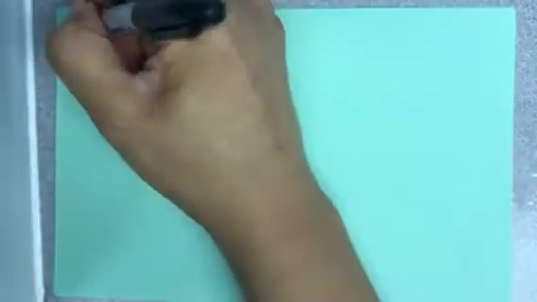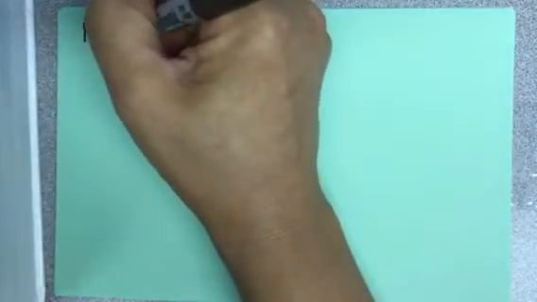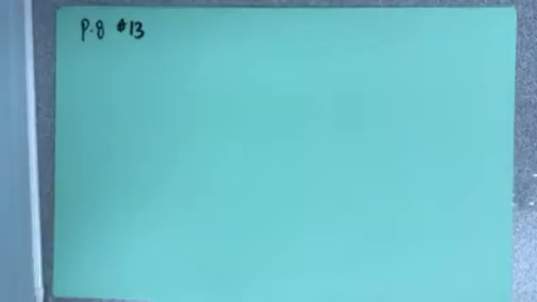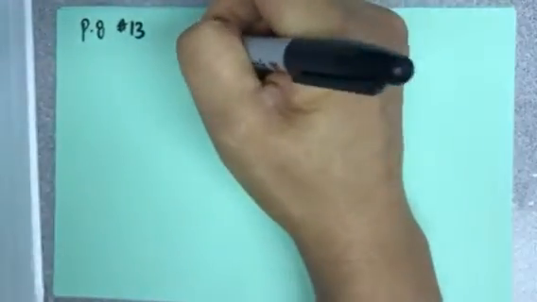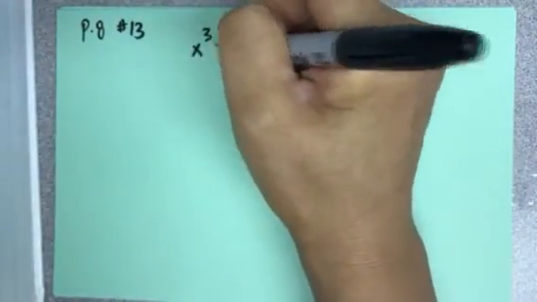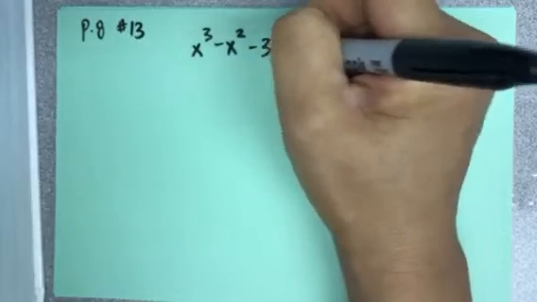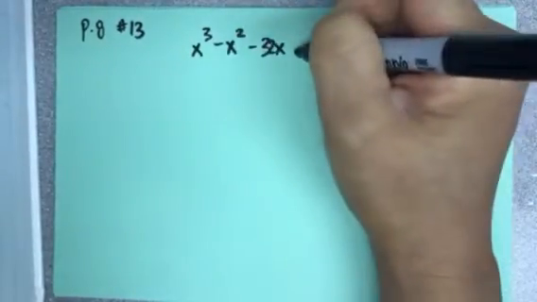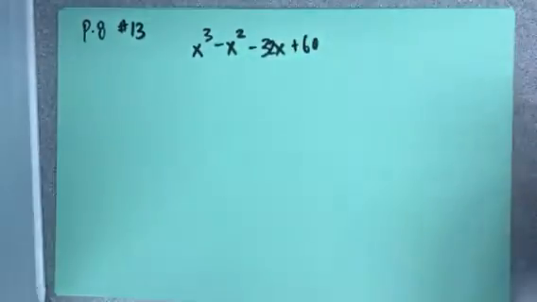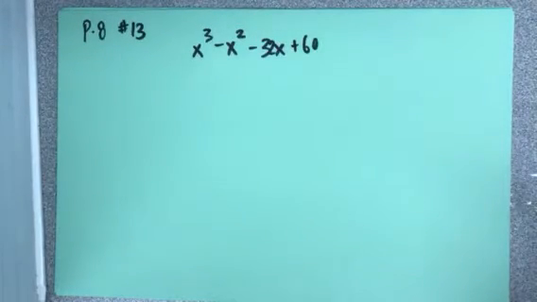Next question is going to be number 13 on page 8. It says here there is this expression, x to the third minus x squared minus 32x plus 60, and it can be rewritten in the equivalent form.